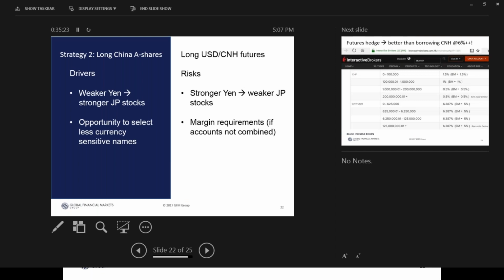Strategy number 2 is if you want to trade China A shares, or if you want to trade really any other renminbi denominated product, but you don't want to take renminbi risk. So as some of you who trade A shares may know, Interactive Brokers was one of the first brokerage firms that got our accounts on Stock Connect. So thanks to Interactive Brokers, I was able to trade Shanghai A shares right after Stock Connect opened, before many of the other banks here got approval to trade it for tax and other reasons.